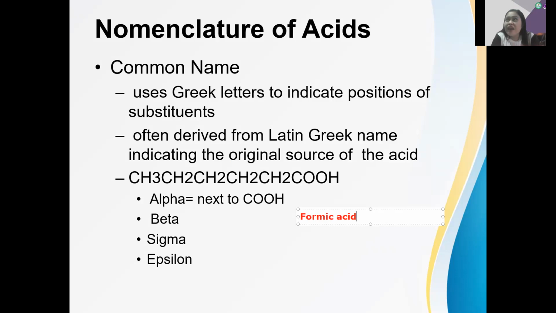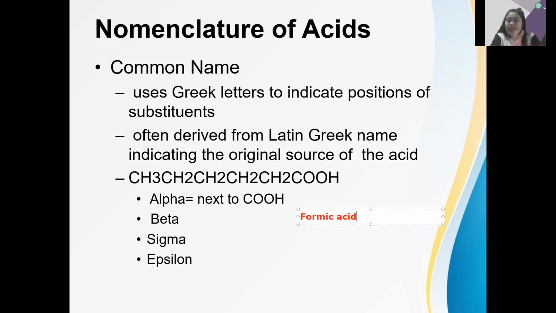And then aside from that, remember formic acid is an oxidation product of primary alcohol, which is the methanol. Pag nag-oxidize yan siya, it will become formaldehyde, and then further oxidation will give us the formic acid. And this will cause blindness.